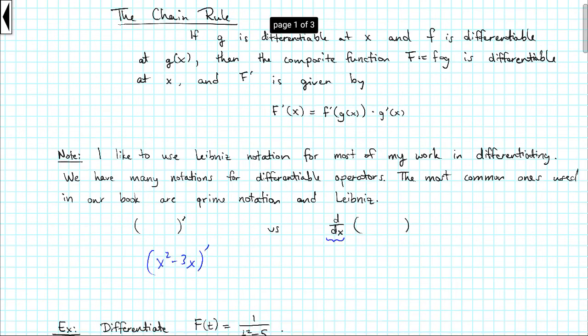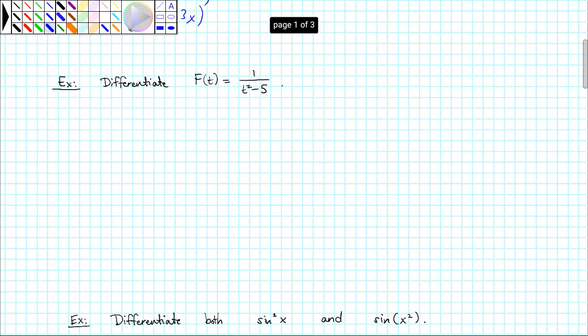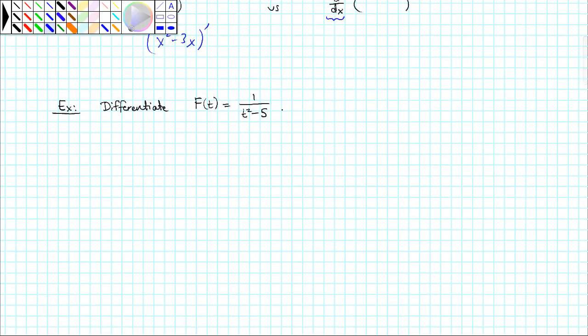So let's actually see what it looks like to differentiate a function. In this case, I have 1 over t squared minus 5. In terms of the statement above, f of t is supposed to be some composite function, f of g of t.